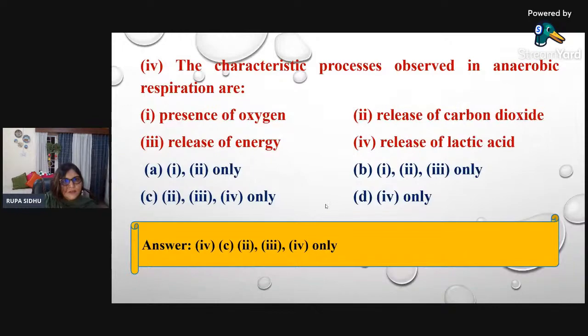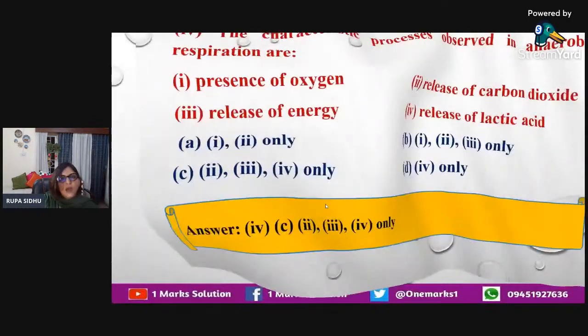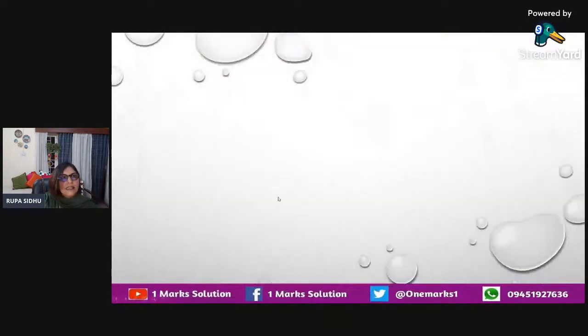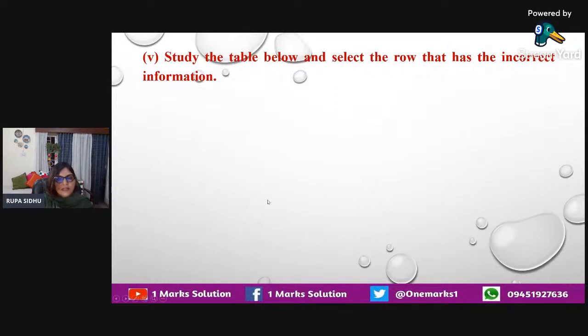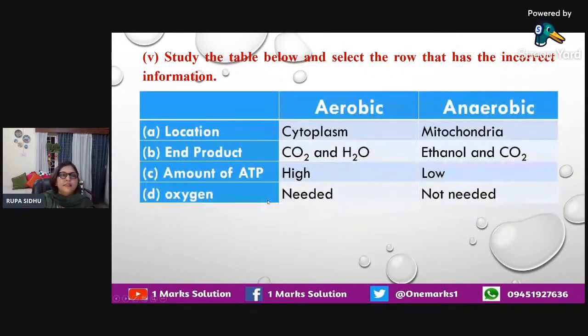All right. So let's move on to the next one. Last question in this series. Okay, a table is given to you over here. Study the table below and select the row that has the incorrect information. See, children, you have to pick out the incorrect information. So this is pertaining to aerobic and anaerobic respiration.